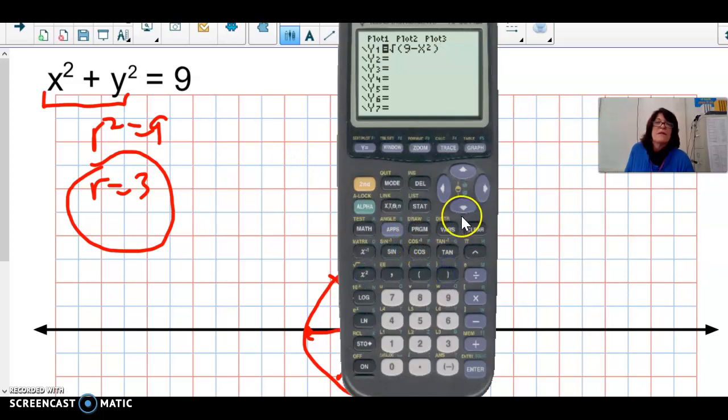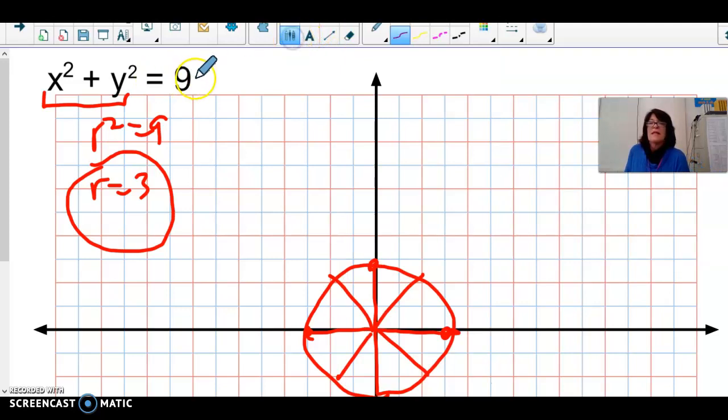And y equals negative the square root of 9 minus x squared. We do it in 2 pieces. Remember the 2 semicircles? In other words, I'm taking this and subtracting x squared, and then taking the square root.